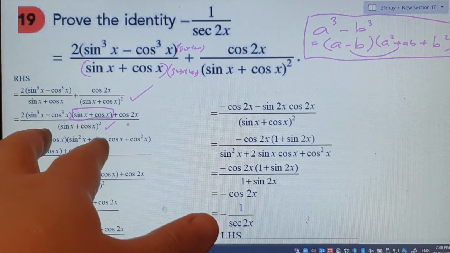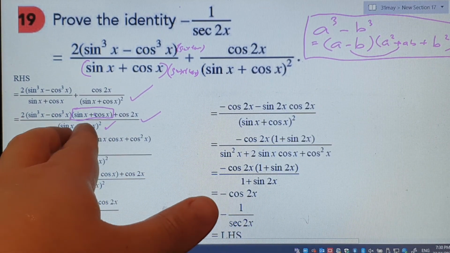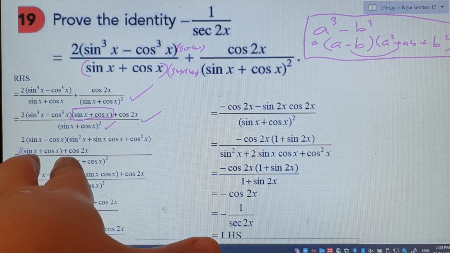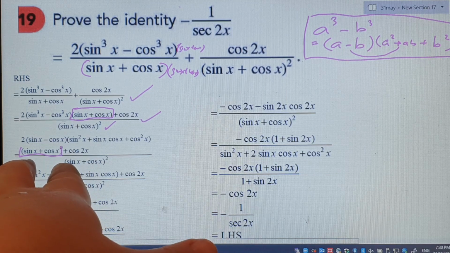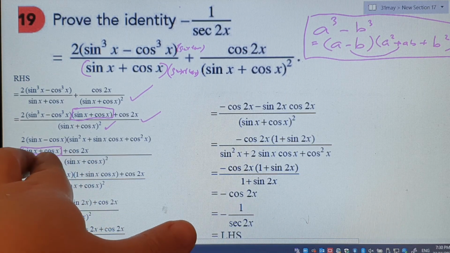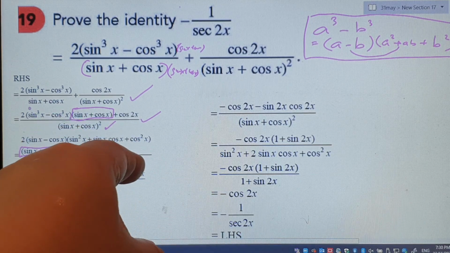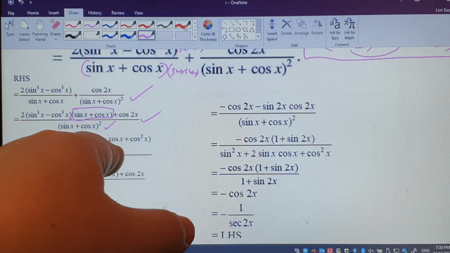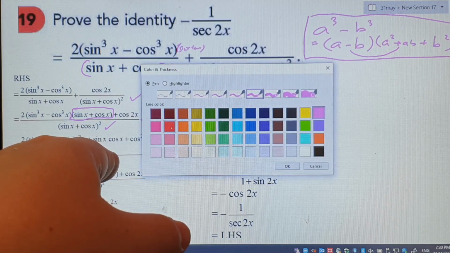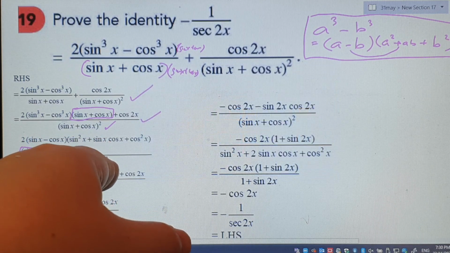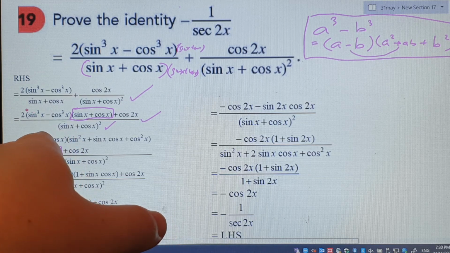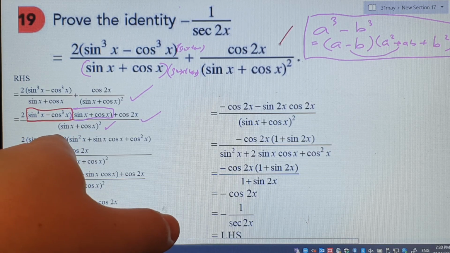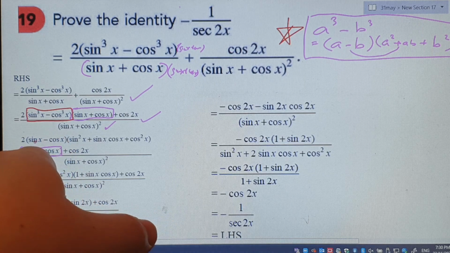Once you have written this, take note, they ran out of space. So this thing is this thing, and this, let me use a different color. This part here, which just now I told you is the difference of cubes, is this whole thing.